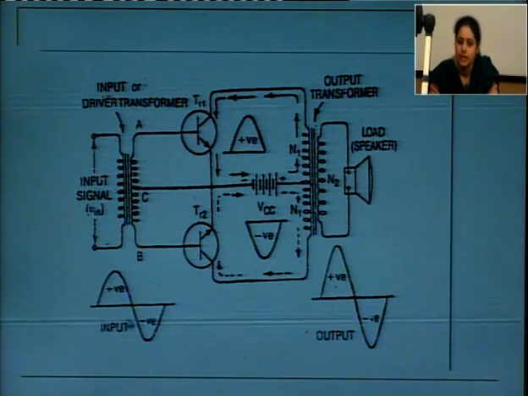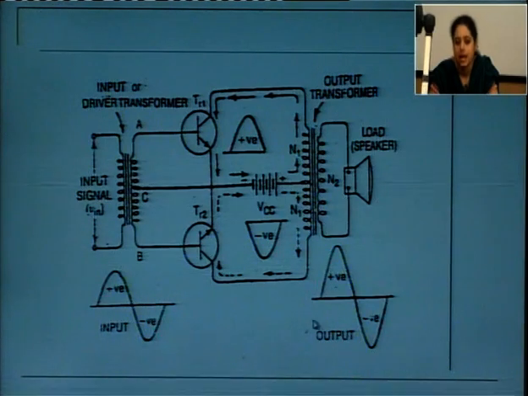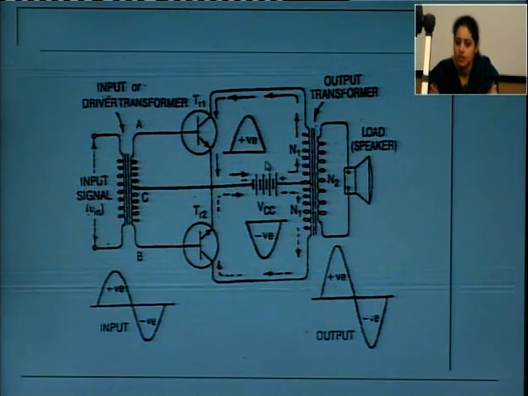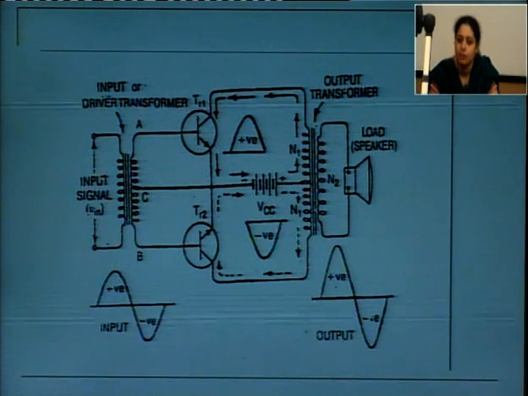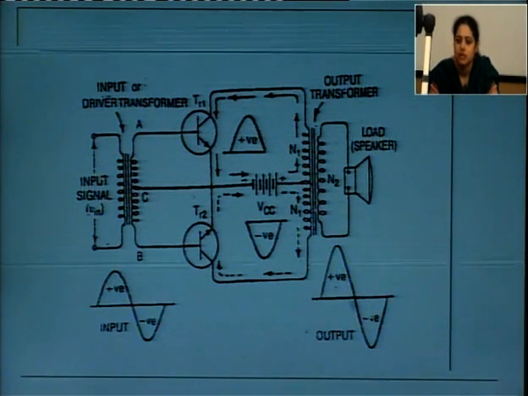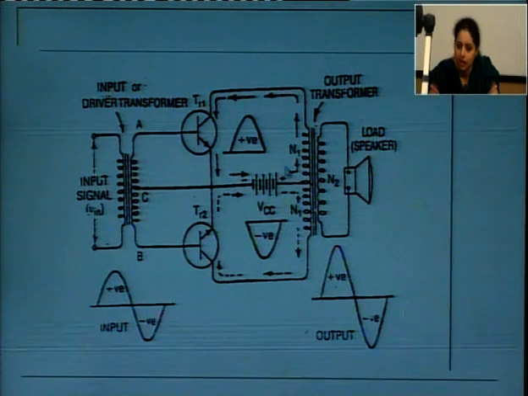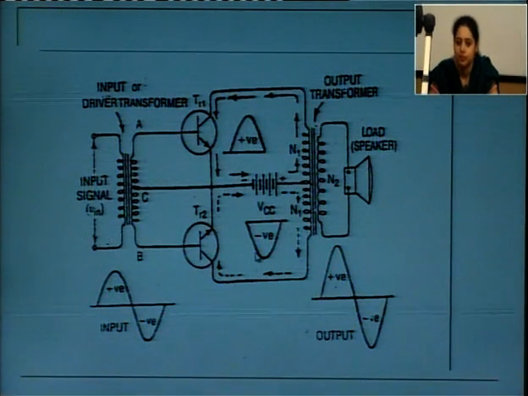The input signal is provided as an amplified signal at the output of the push-pull amplifier. The transistor T1 works for the positive half cycle, the transistor T2 works for the negative half cycle. Due to the center tapping at the output, you have the complete amplified signal for both positive and negative. A common battery is provided to both transistors T1 and T2.